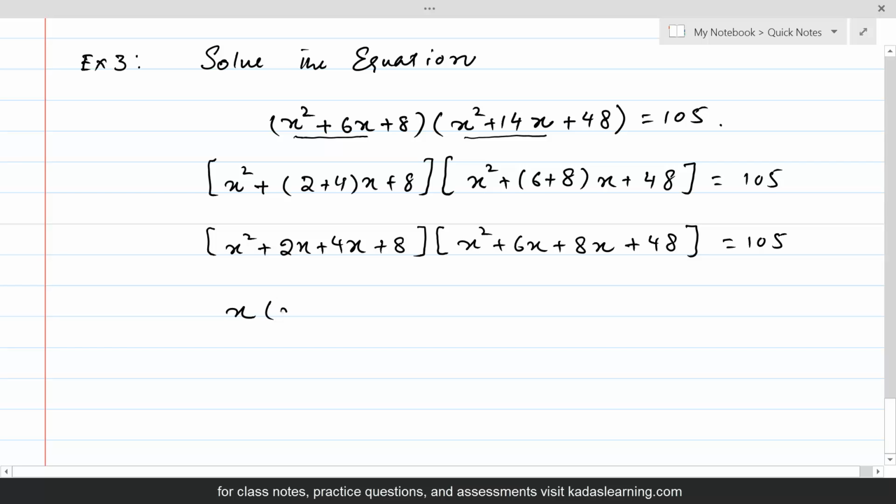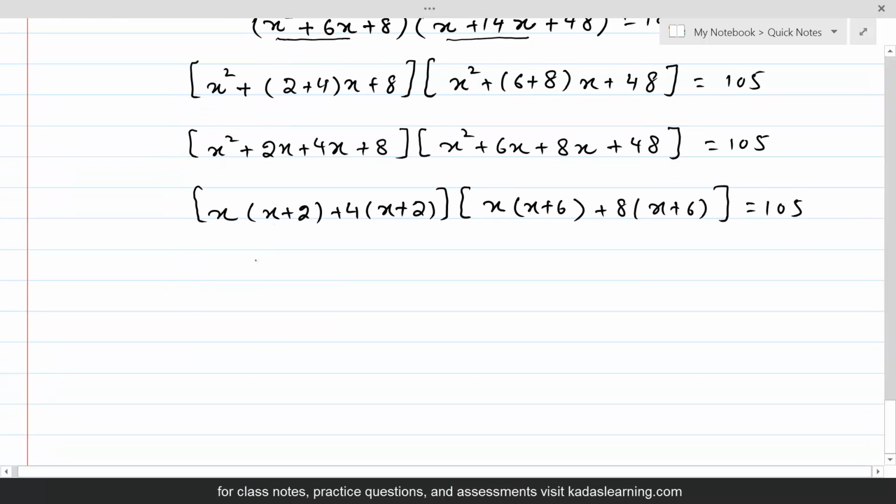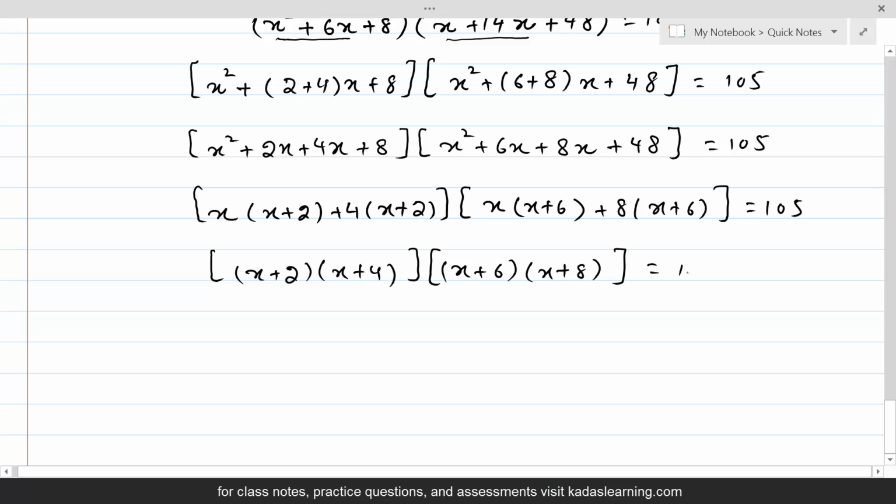Now this will become, if we take x common, x + 2, and we take common 4, we get x + 2 again, and in the second group we take x common, x + 6, 8 common, and x + 6 again, equal to 105.